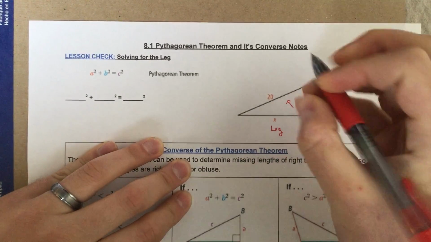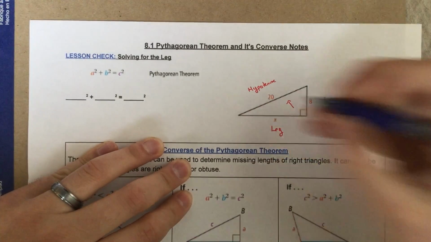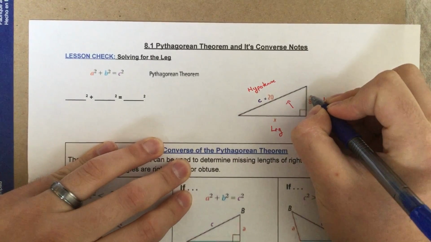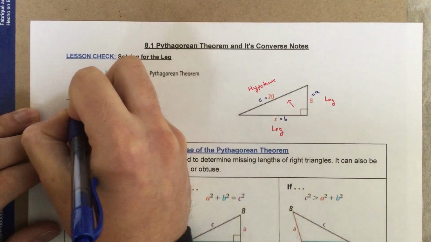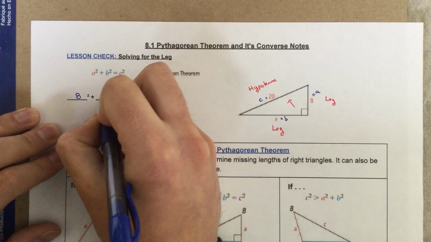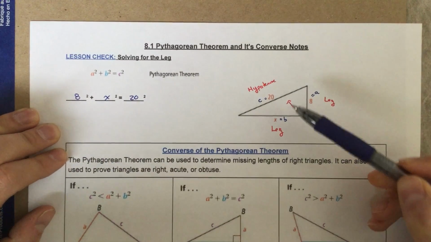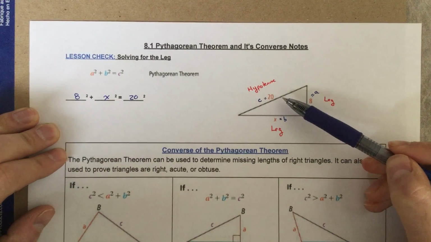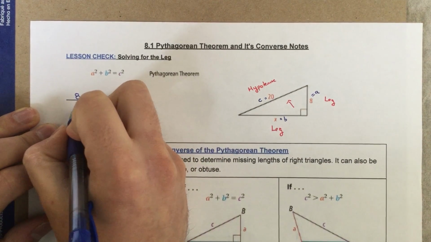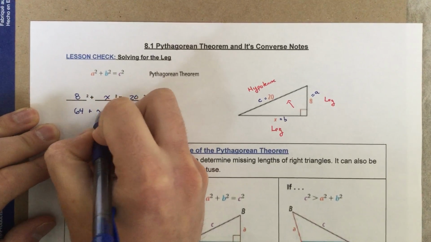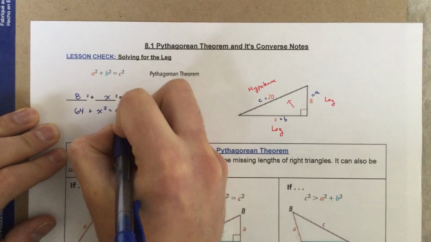This one here, the 20, is our hypotenuse, so that will be C. Another way to write this would be C equals 20, this would be A, and that one would be B. So 8 squared plus x squared equals 20 squared, making sure that that 20 is the hypotenuse, C. So 8 squared, 8 times 8 is 64, plus x squared is equal to 20 squared, which is 400.